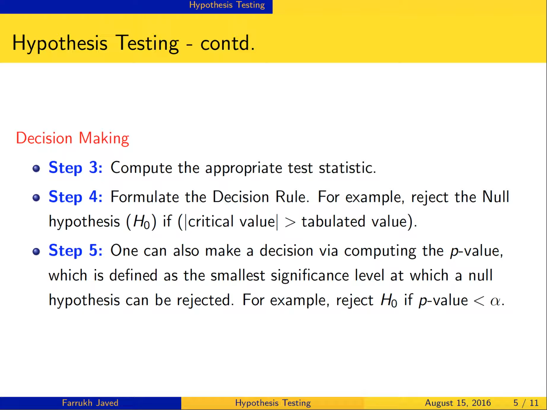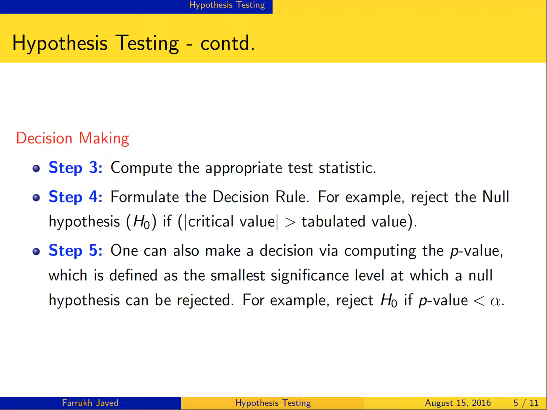Once we have defined the appropriate test statistic, then we design a decision rule. The decision rule says reject the null hypothesis if the test statistic value is greater than the tabulated value. So if that value lies over the region of the tabulated value, then we say that, okay, we are going to reject our hypothesis. Once everything is done, then we make a decision via computing the p-value.